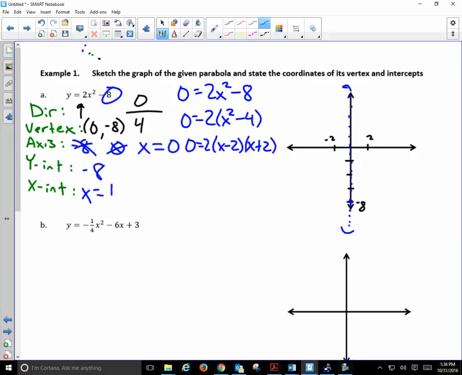X is plus or minus 2. I plot those. As you can see, they are equally displaced on each side of the axis of symmetry. Draw my graph and get a beautiful looking parabola.